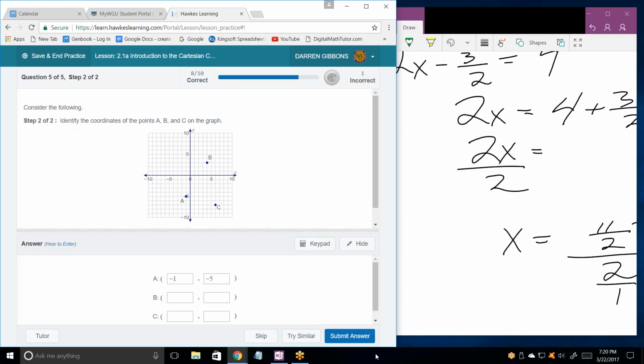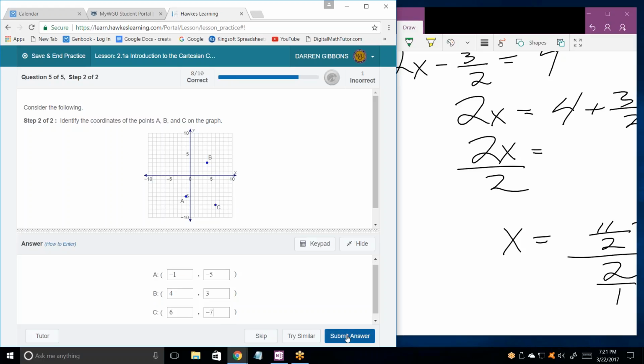B looks like 4, 3. I think I can blow this up a little bit so you can see it better. And what about C? C is 6, -7 maybe. Yeah.